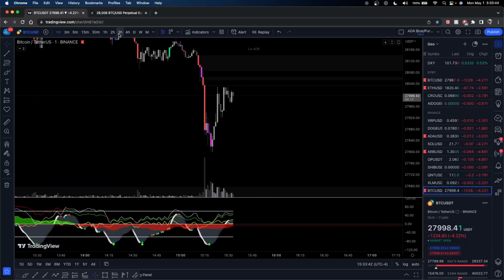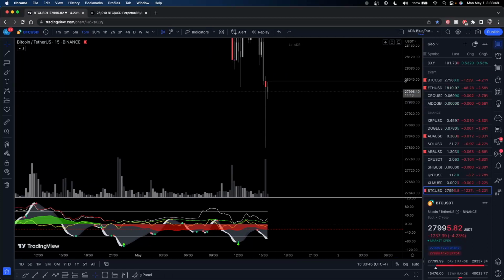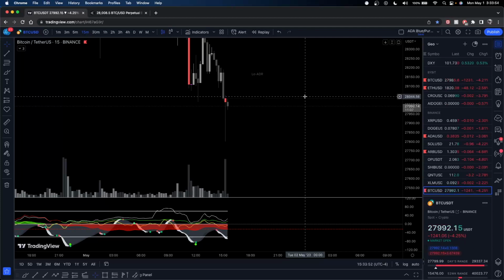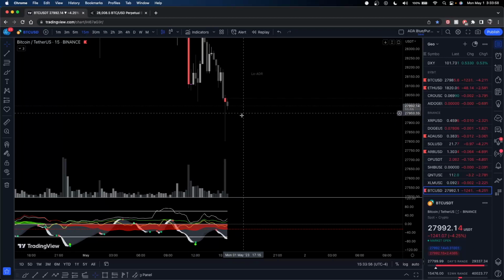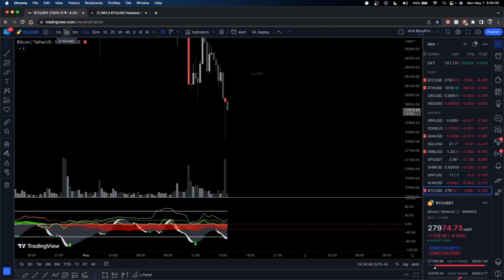I actually wish I took this long. When I can see that our environmental time frame, depending on the time frame that you're trading, right? My environmental time frame for when I'm scalping is the 15 minute. So when I can see on the 15 minute, money flow is increasing, the waves are increasing, right?